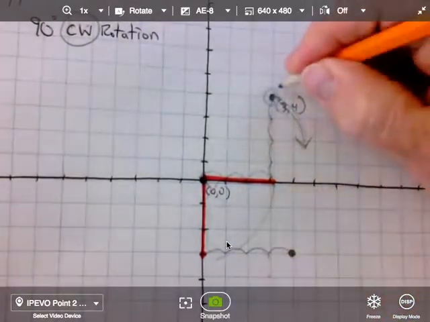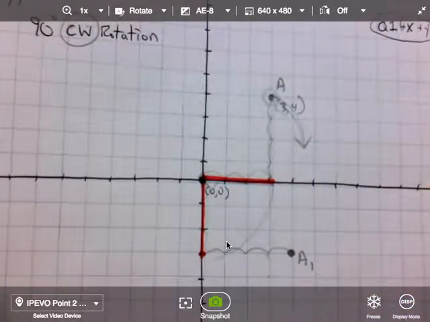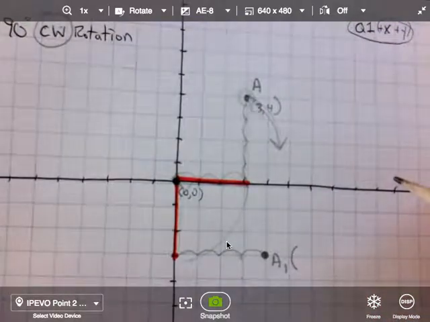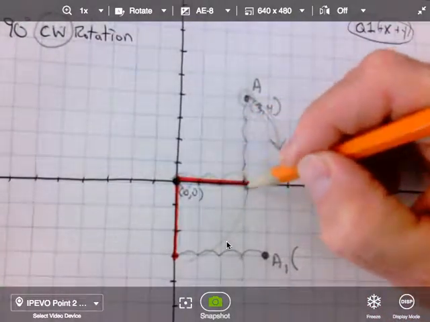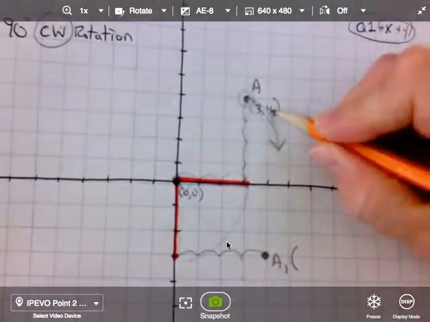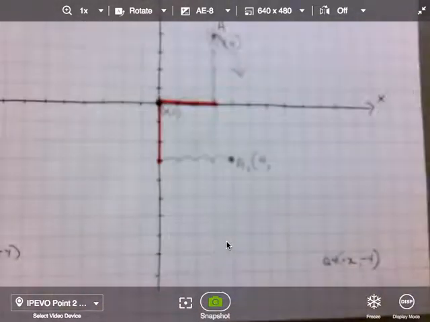And so if this was A, this is now A1. And you're going to notice the new coordinate. What do you notice about the new coordinate? 1, 2, 3, 4. These switched. And then what quadrant are we in?